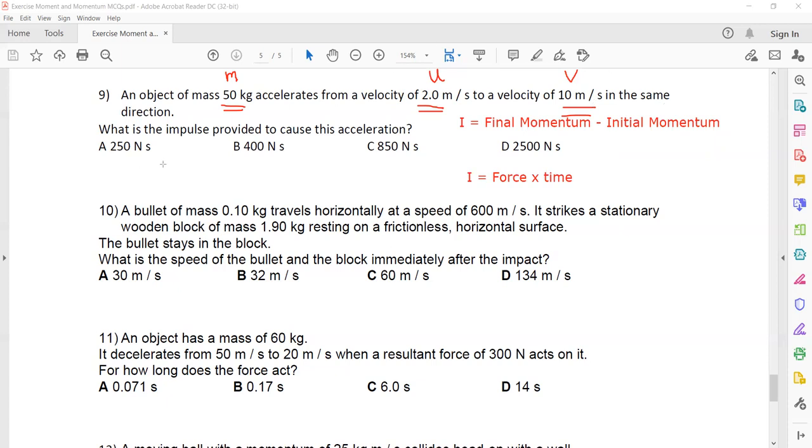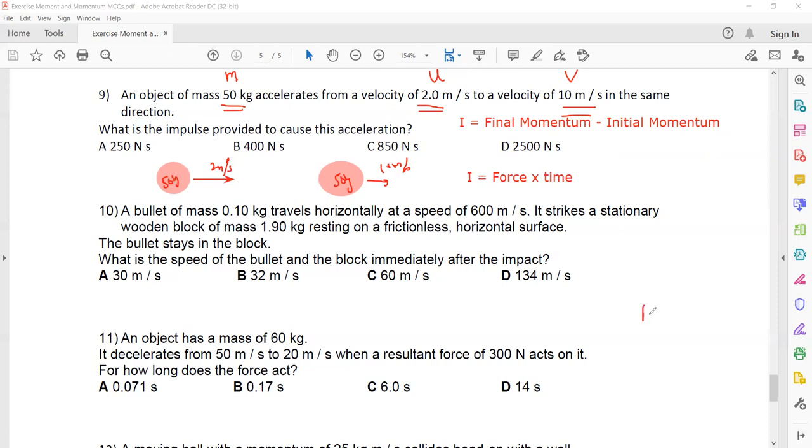So the object of 50 kilogram is initially moving with 2 meter per second. And then its speed changes to 10 meter per second. The same 50 kg, but speed changes to 10 meter per second. So what is the initial momentum?